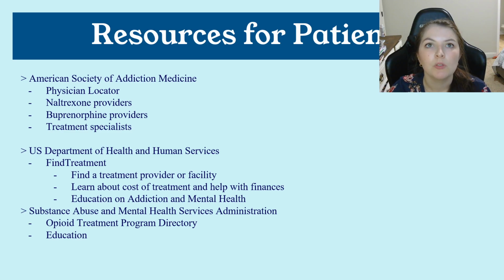The Substance Abuse and Mental Health Services Administration, the SAMHSA that we discussed for the providers in the last slide, has an opioid treatment program directory where they can, again, go and find treatment centers that provide specialized care for opioid users. And then there's also lots of education about substance abuse disorder and how to find help.